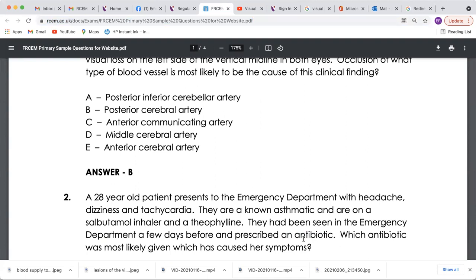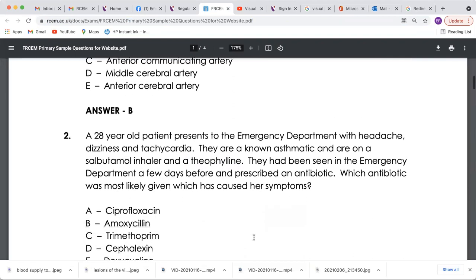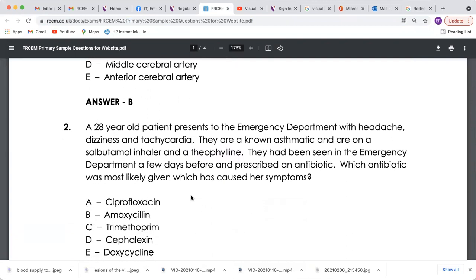They're probably asking about enzyme inhibition or enzyme induction. The suspicious drugs will be those that depend on the P450 enzyme, and we know that theophylline is one of those drugs. If you remember the enzyme inducers and inhibitors, let's look into the question and the answer options. So yes, these are all antibiotics.